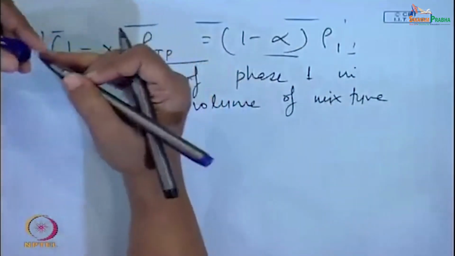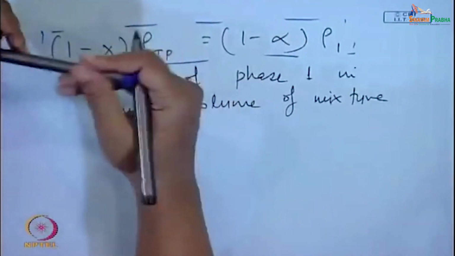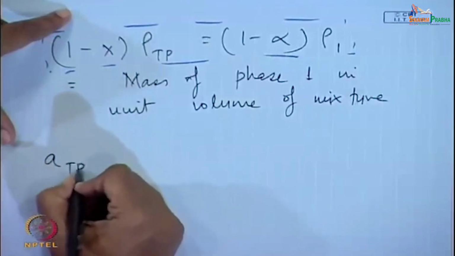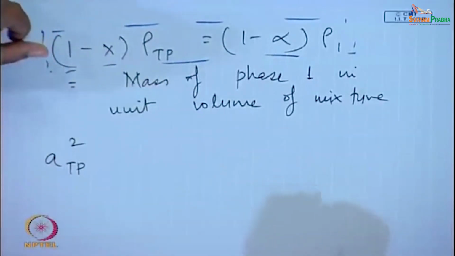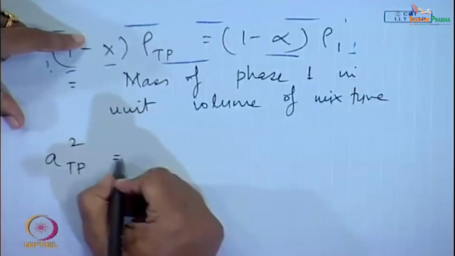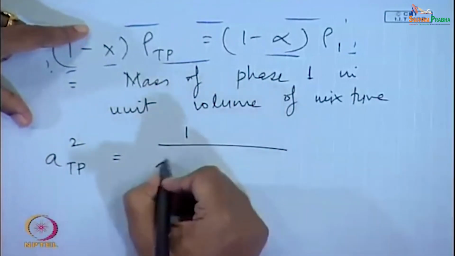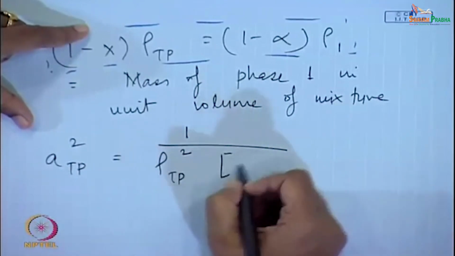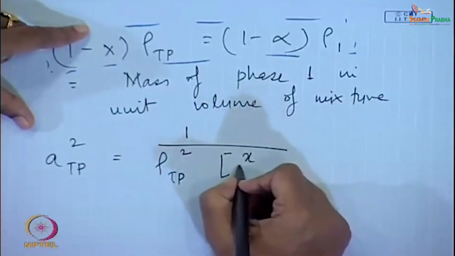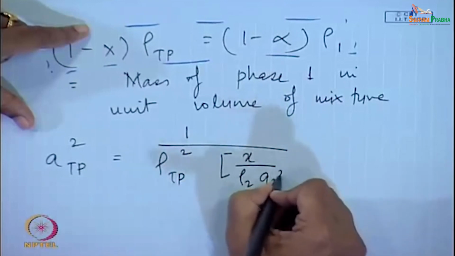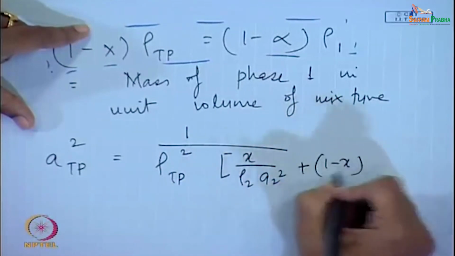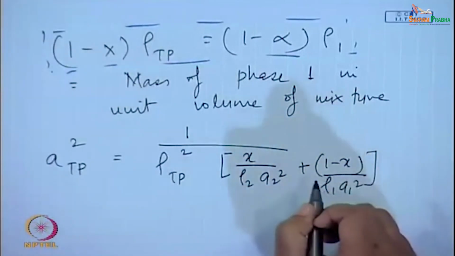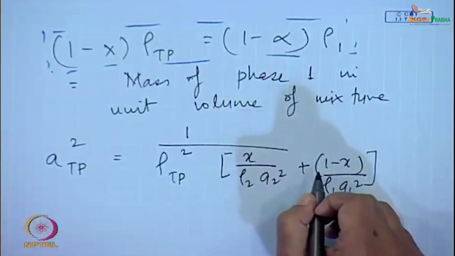Right? Now, let us look at the ATP square, the two phase acoustic velocity, this particular expression. What was the expression? It was rho Tp square into x by rho 2 A2 square plus 1 minus x by rho 1 A1 square. This was the expression which I had obtained.